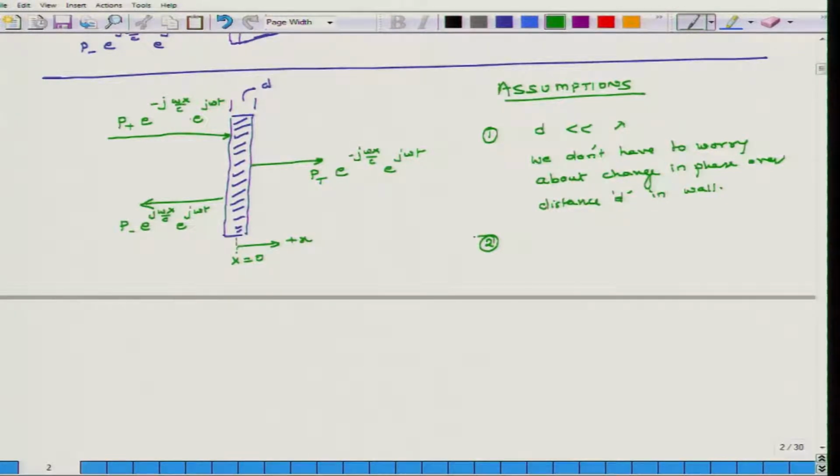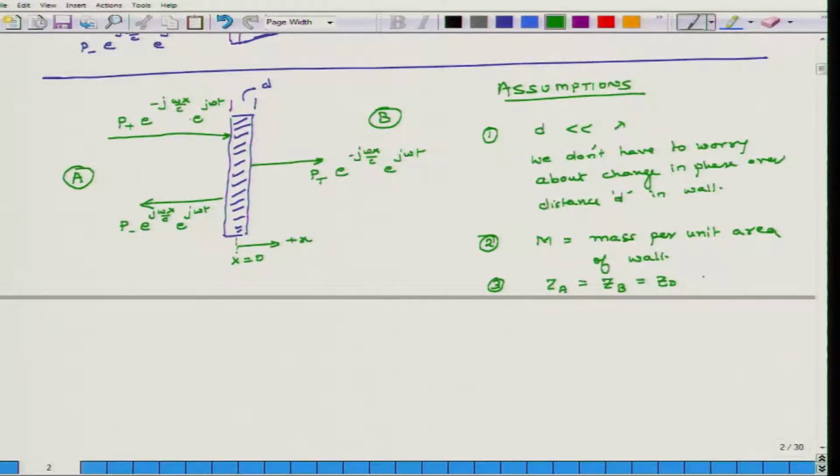Second thing we assume is that m is equal to mass per unit area of the wall. It's mass per unit area. And the third thing we assume is, let us call this side A, and on the transmitted side we call side B. So, Z on side A is equal to Z on side B, is equal to Z naught.